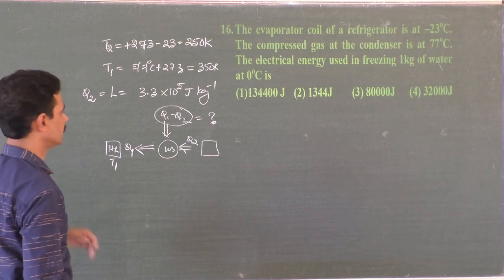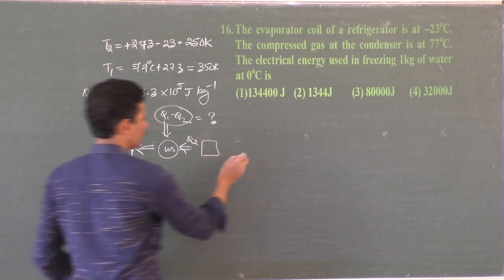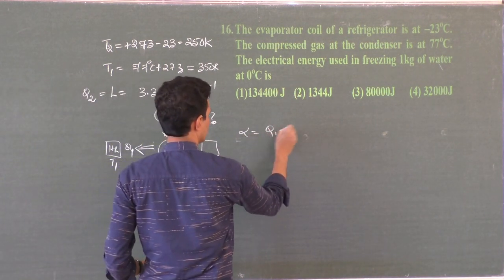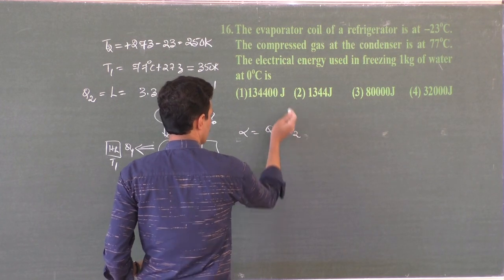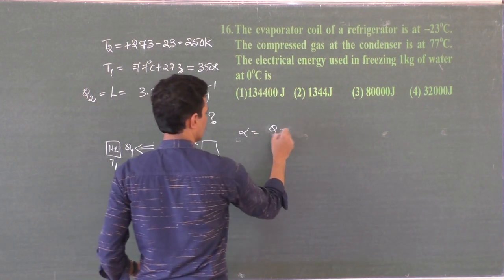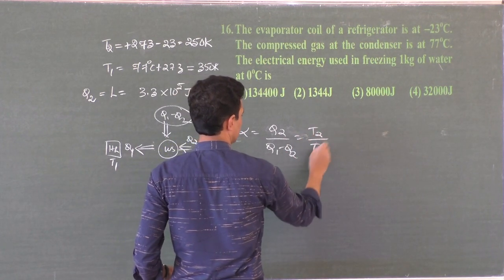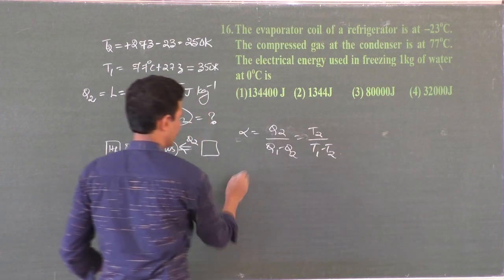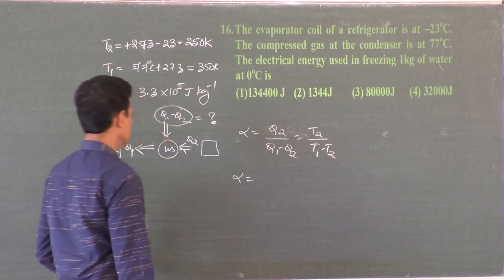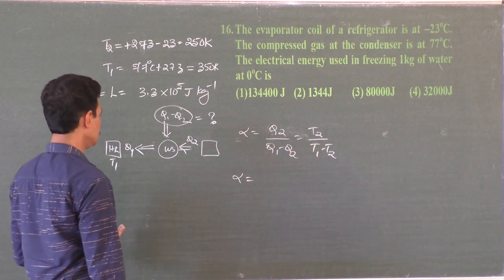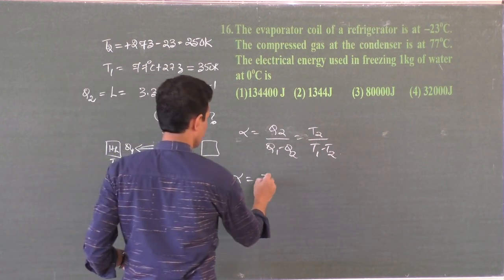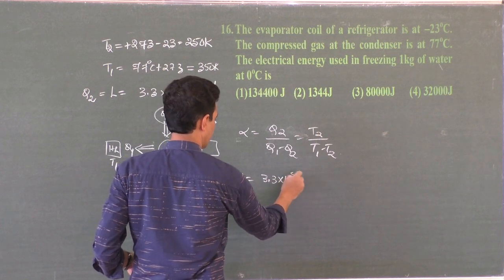We have the two temperatures, and you can use the coefficient of performance formula: Q2 by Q1 minus Q2 is equal to T2 divided by T1 minus T2. Q2 is 3.3 into 10 to the power 5.